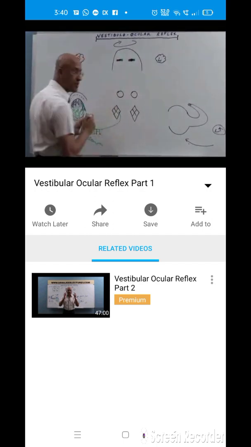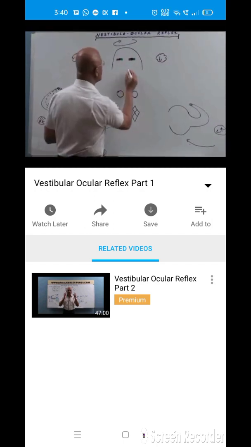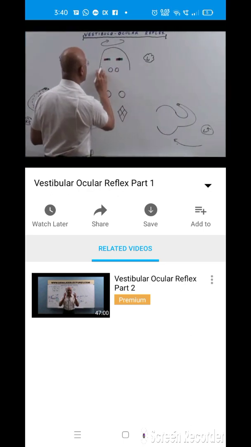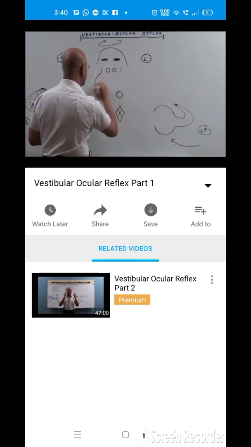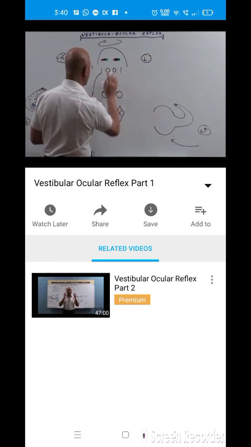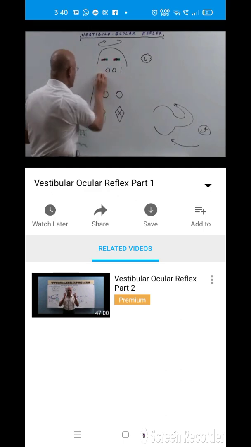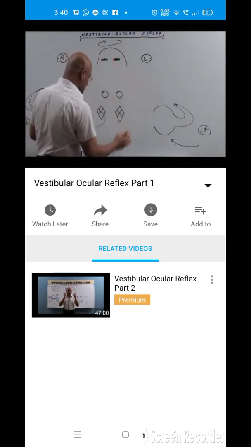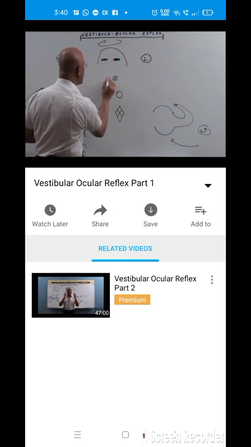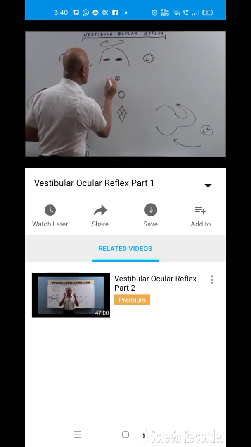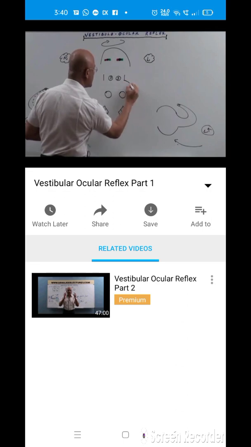And here is the third nerve nucleus, and here is the third nerve nucleus, right? This is the midbrain, and here it is the pons. Let me draw it more clearly. This is the third nerve nucleus. Of course, where is it? In the midbrain. So here is your midbrain and here is your pons.